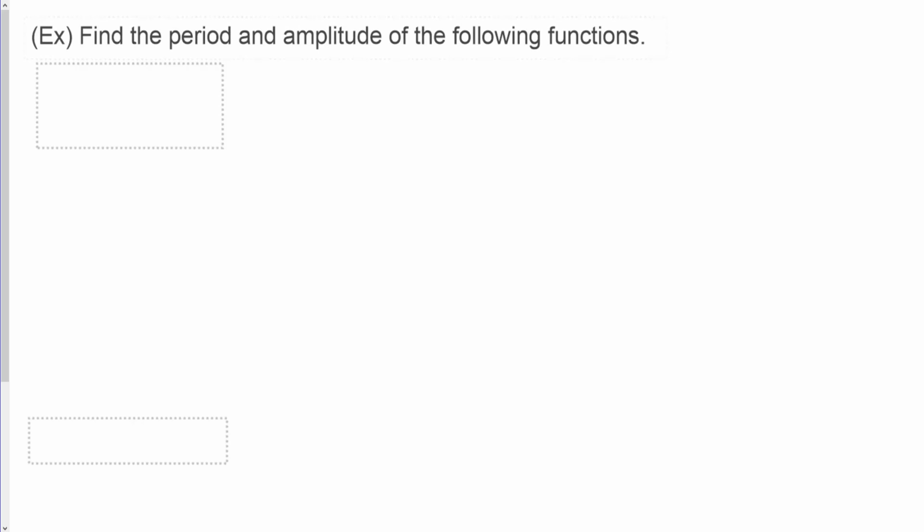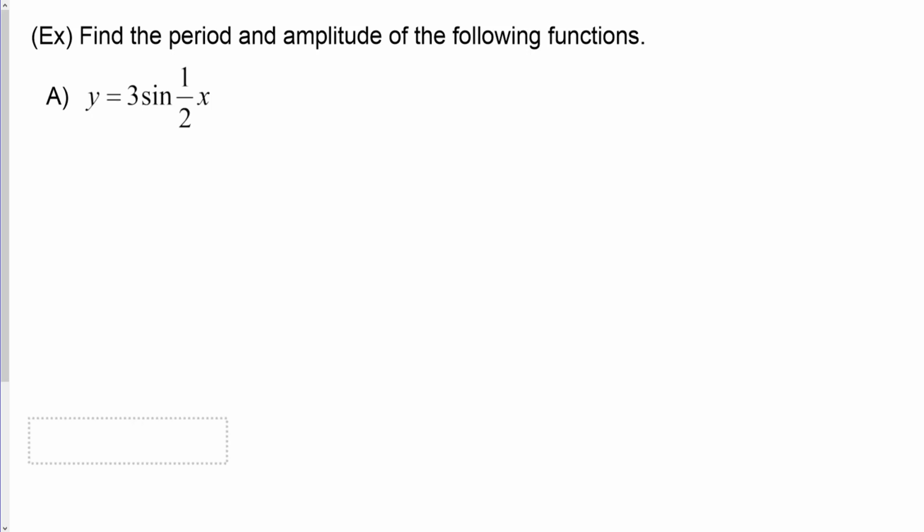Okay? Let's look at a few examples that are similar to what you might experience in the homework. So for example, find the period and amplitude of the following functions. Starting with a, y equals 3 sine 1/2 x.